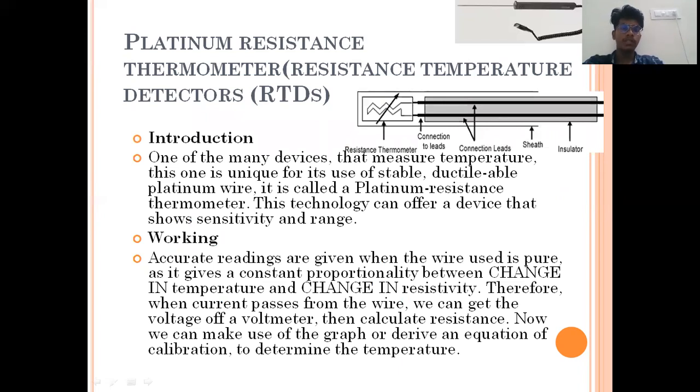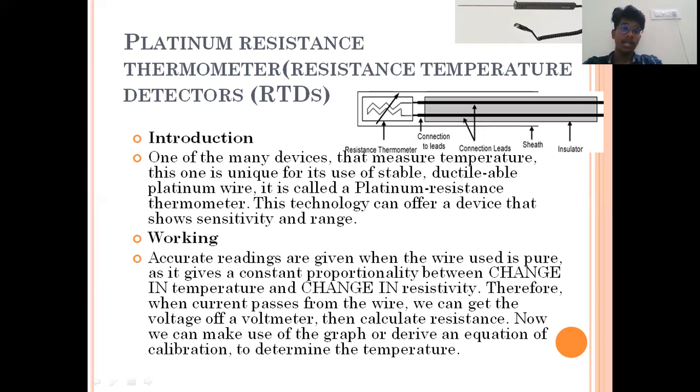Next, the platinum resistance thermometer, or RTD, is one of the many devices that measure temperature. It is unique for its use of a stable, ductile, pure platinum wire, hence the name platinum resistance thermometer. The technology can offer a device with good sensitivity and range.